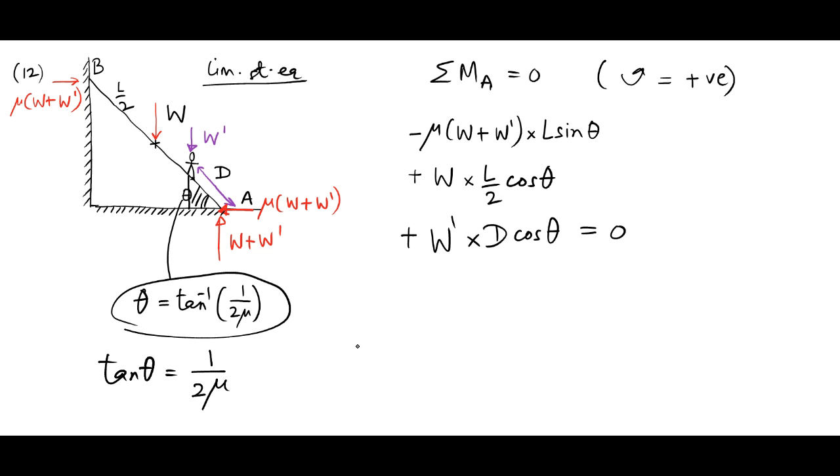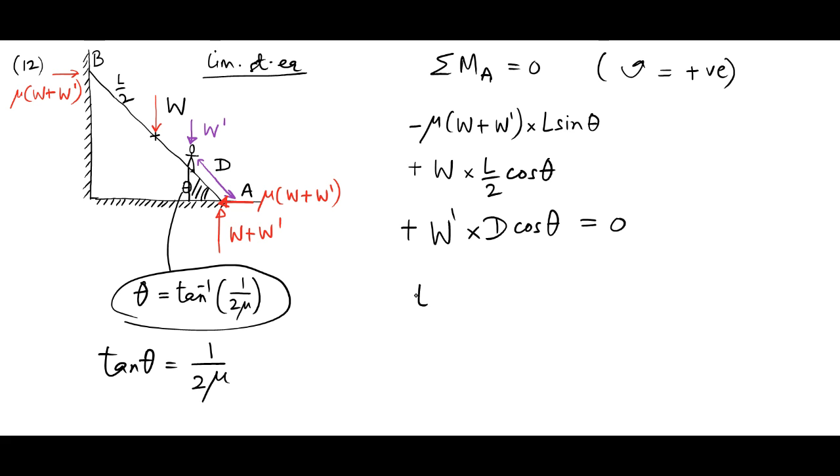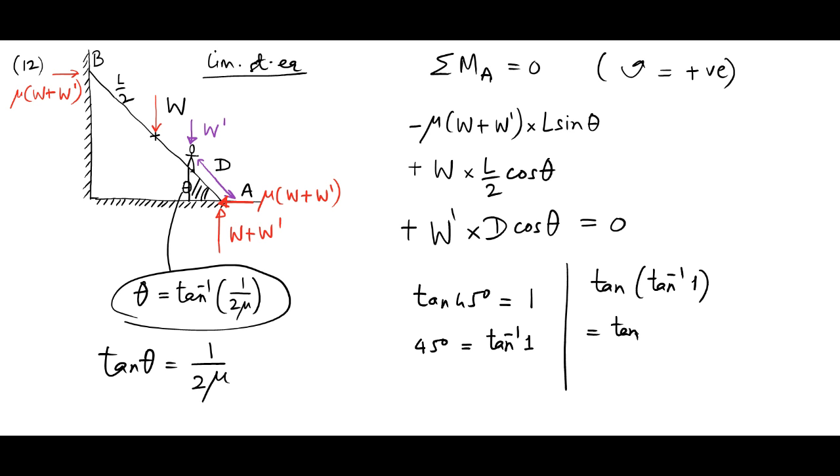So it's like doing two operations in reverse. So tan and then tan inverse, that's why you get 1 upon 2 mu. Just to give you an example, if you have not followed, you know that tan 45 degrees is equal to 1. So another way to express this is saying that 45 degrees is equal to tan inverse of 1. So if I ask you what is tan of tan inverse of 1, it's nothing but tan of, now what is tan inverse of 1?